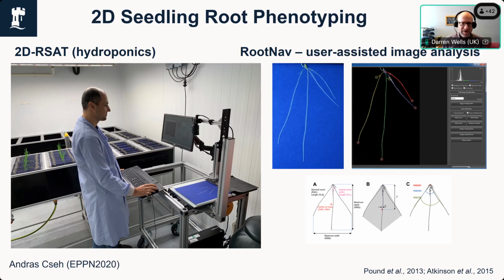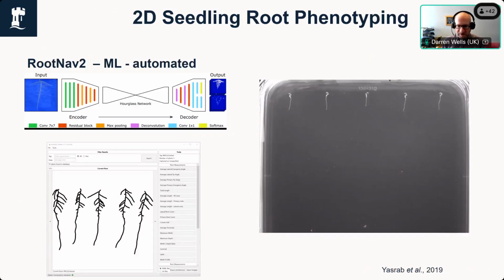So with that number of images, you can train deep learning systems to do it for you. And so we fed all of the data from John's work in 2015 into a neural net program, and we immediately got something that is 99% there for every root in about 5 seconds a root.